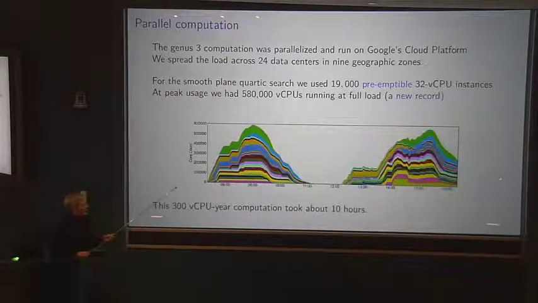So there's an advantage to running lots of instances in parallel, and this was also sort of an experiment to see how fast we could take this. And I should say Google was very helpful in facilitating this process, and I appreciate the assistance they gave us. And so we started out the computation in the morning and fired up. This is servers on servers. We had to spin up many servers whose job was just to spin up other servers, because if you try to fire off 600,000 computations at once, you run into problems.